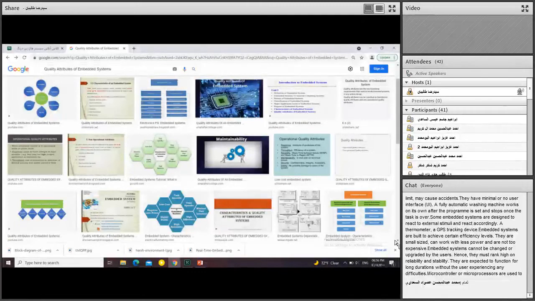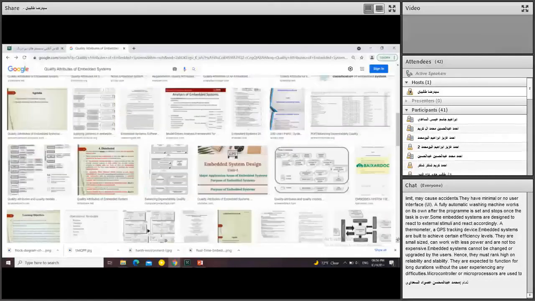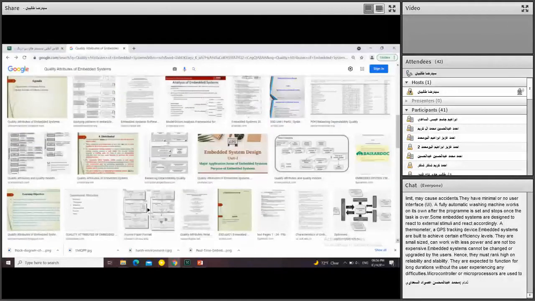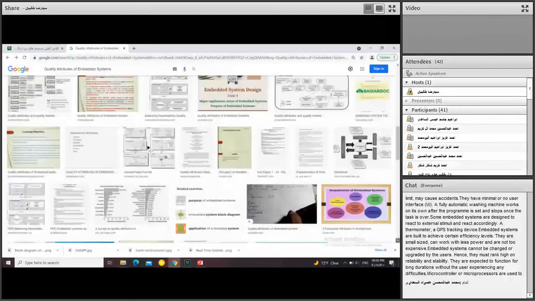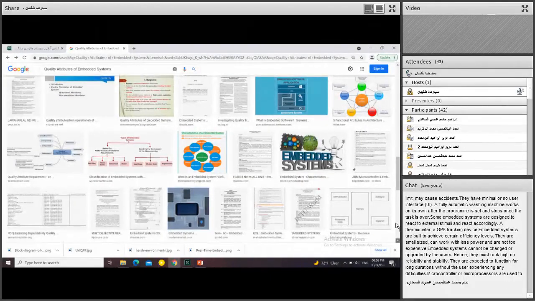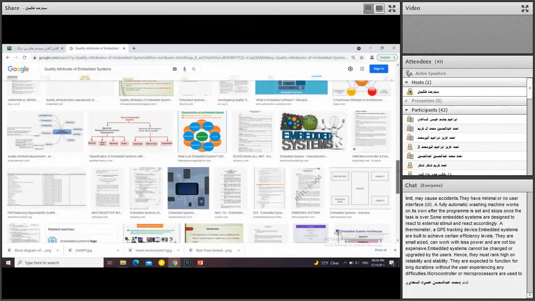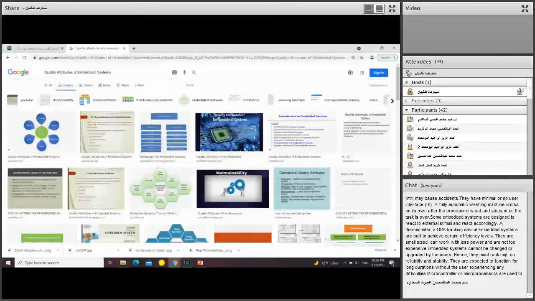All of them are about characteristics, not about the quality attributes. Okay, we must find them one by one.